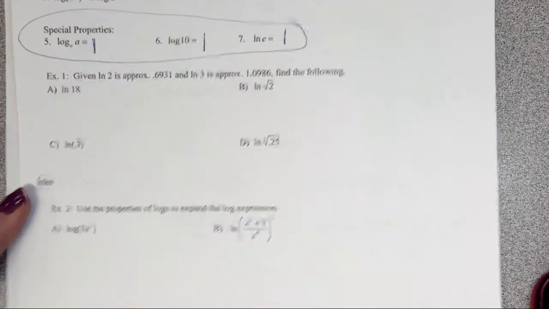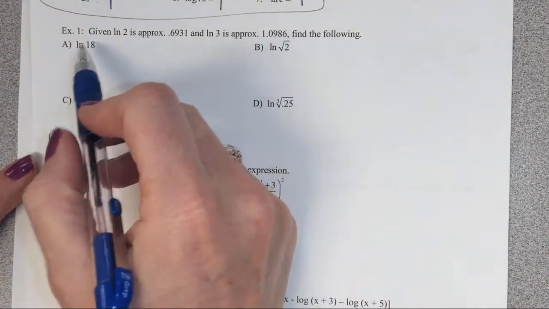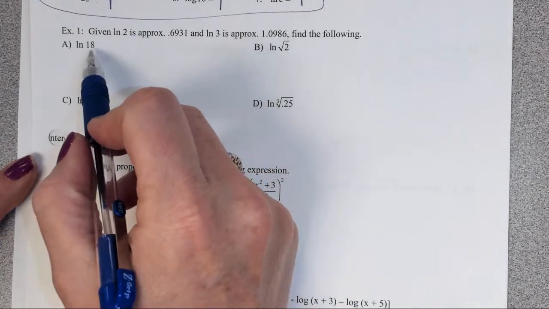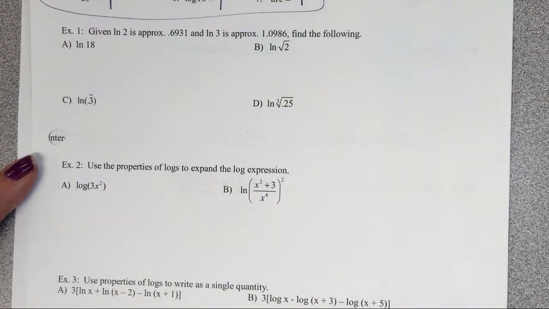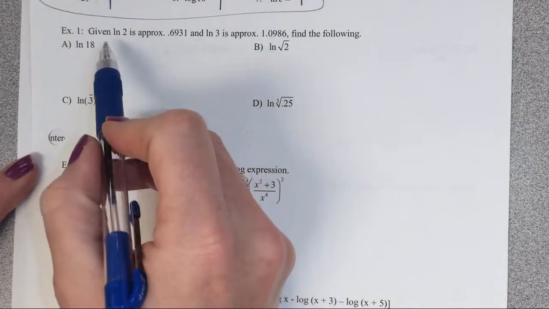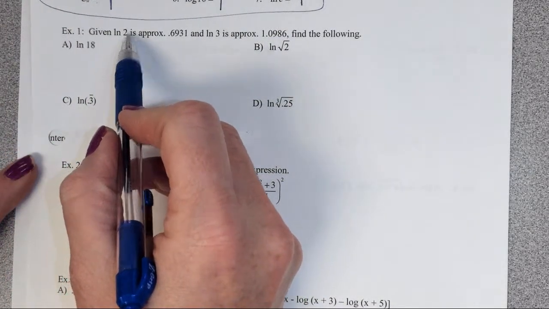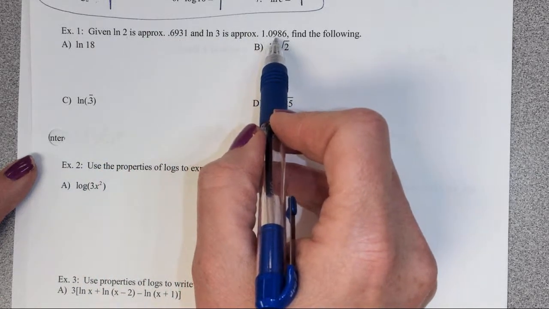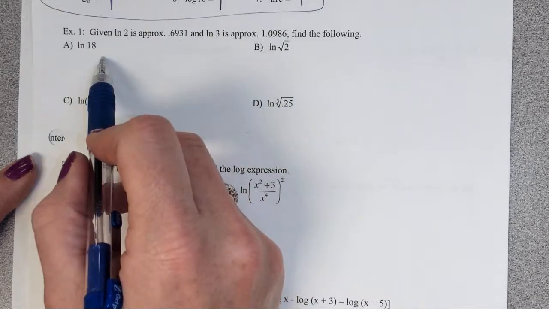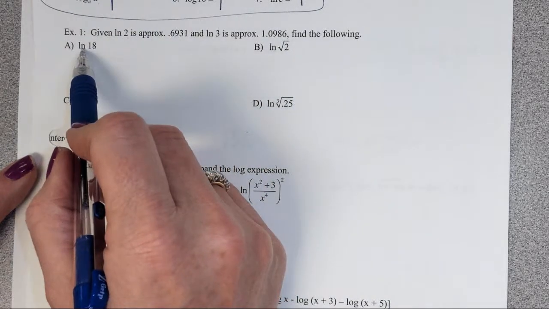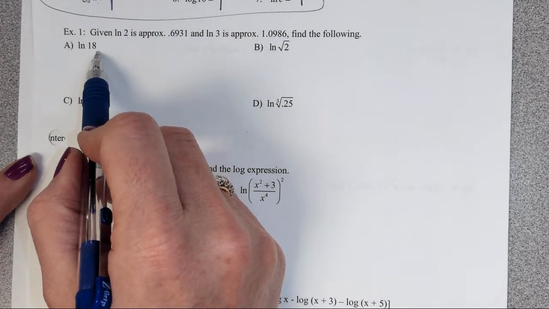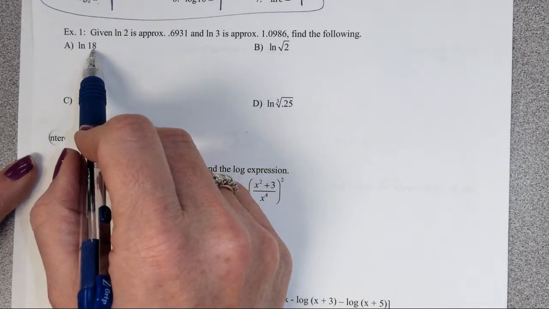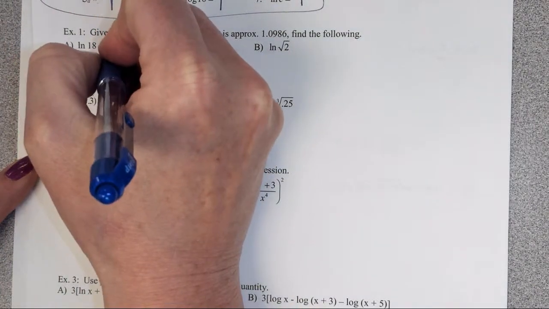Okay, important to know. So what about if we're given some values and we want to come up with some other answers? So in this one we're given natural log of 18 to find. They tell us that natural log of 2 is approximately this, and natural log of 3 is approximately this. We want to use those properties to find the natural log of 18. What numbers multiply to be 18? 6 and 3. Yep, 6 and 3 to start with.